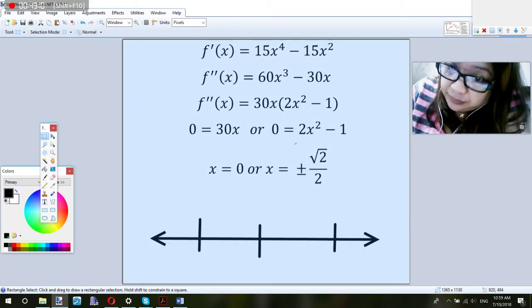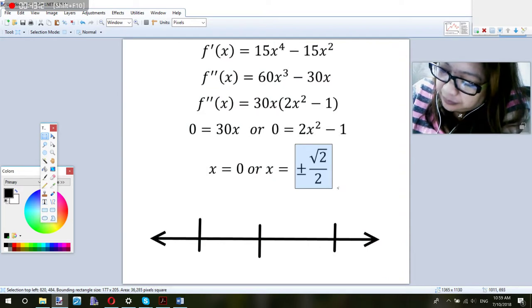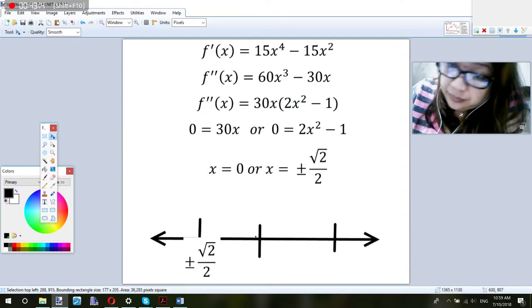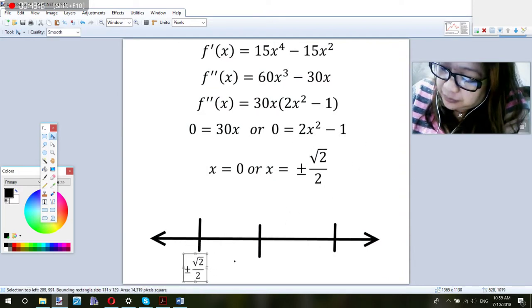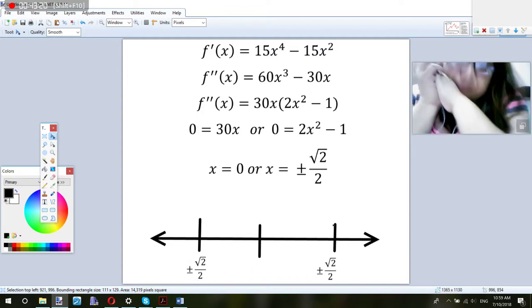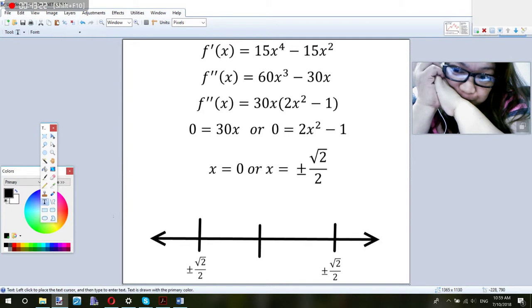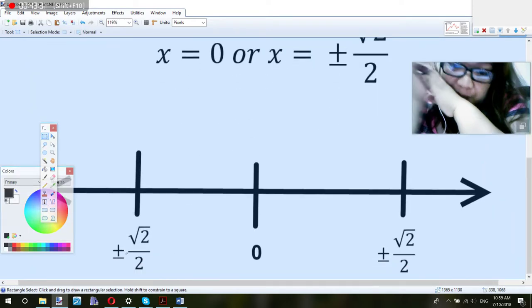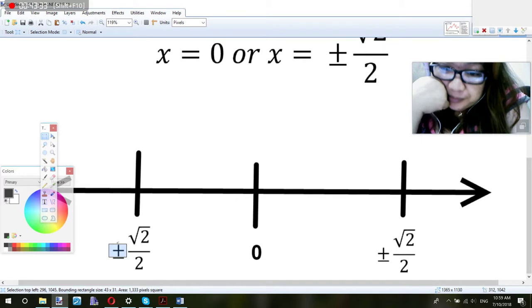I'm just going to copy this for the sake of time, and then we'll get rid of the signs we don't need. So this is negative root 2 over 2, and this one is positive root 2 over 2.